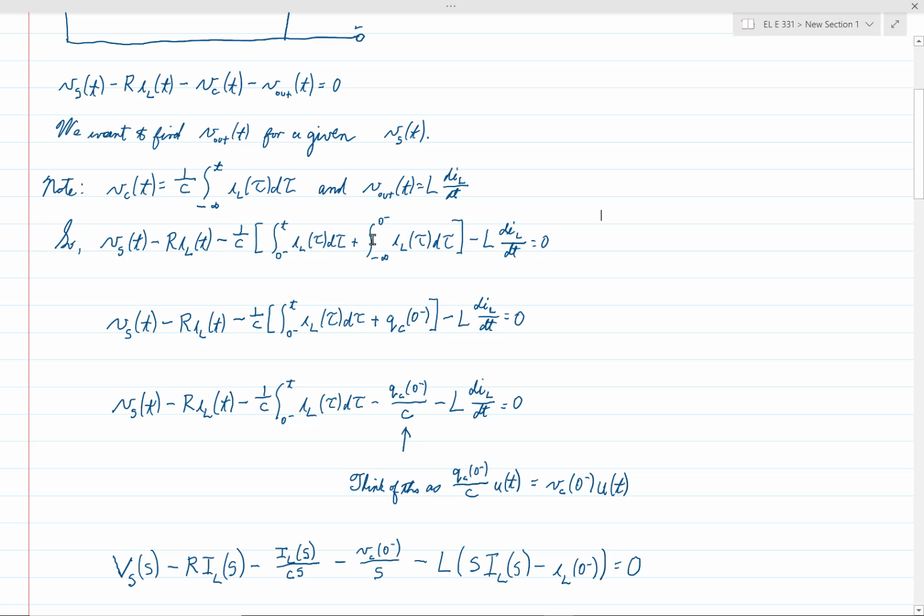So that's why we can substitute QC of 0 minus for this integral. And QC of 0 minus will be some constant.